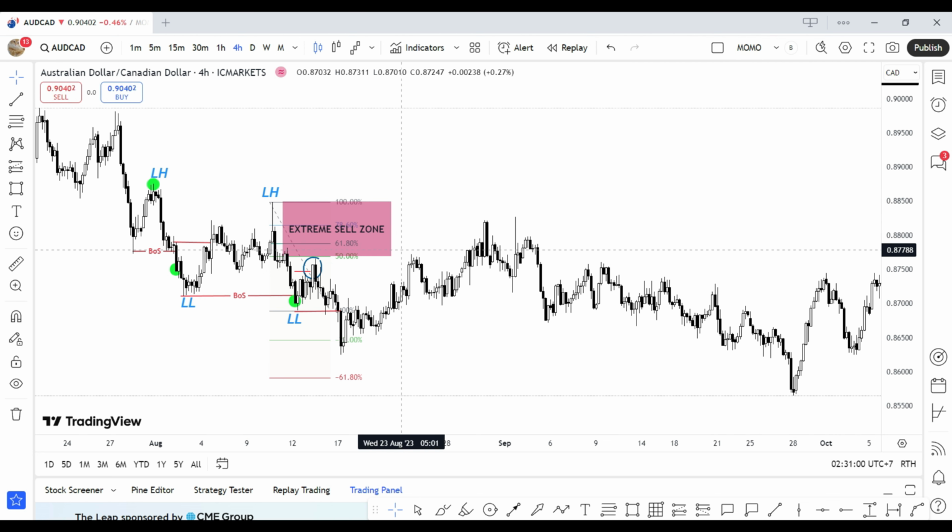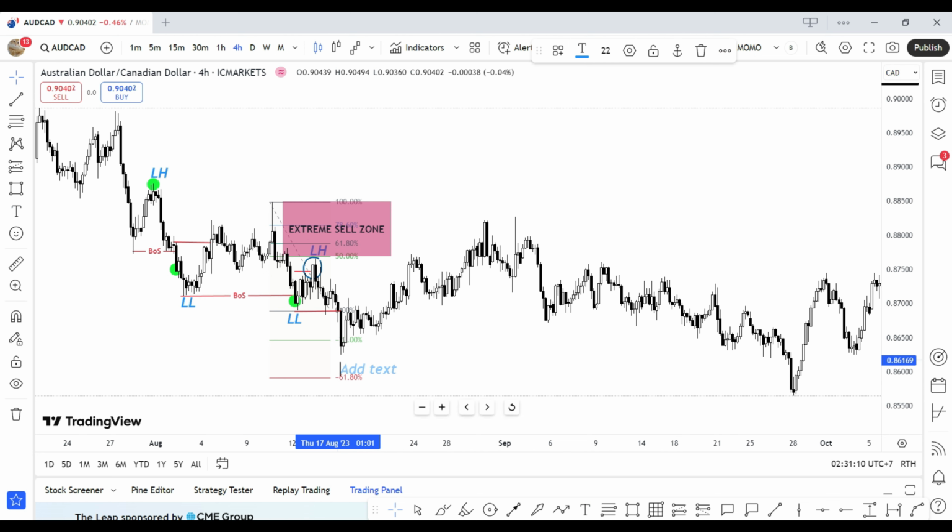Okay, now we have a new lower high and we have a new lower low down here. This is our new lower low, and this is our new lower high.